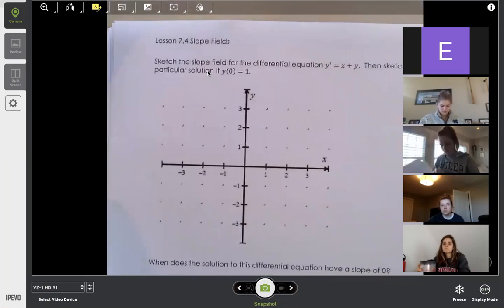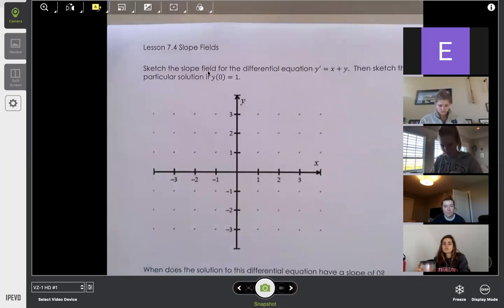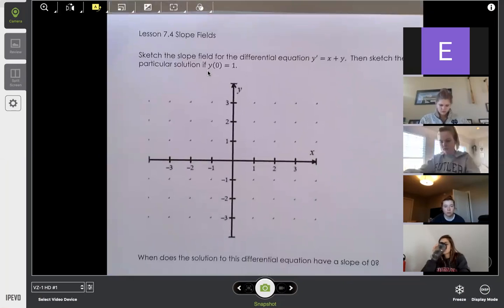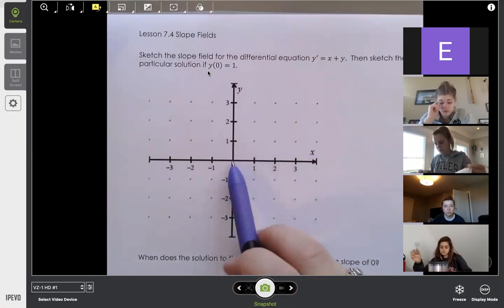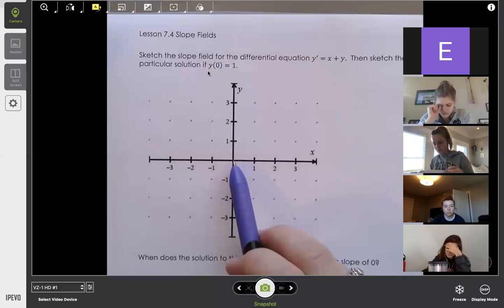Sketch the slope field for the differential equation y prime equals x plus y, then sketch in a particular solution if y of 0 equals 1. All right, so what would the slope be at the point 0, 0? Jillian?